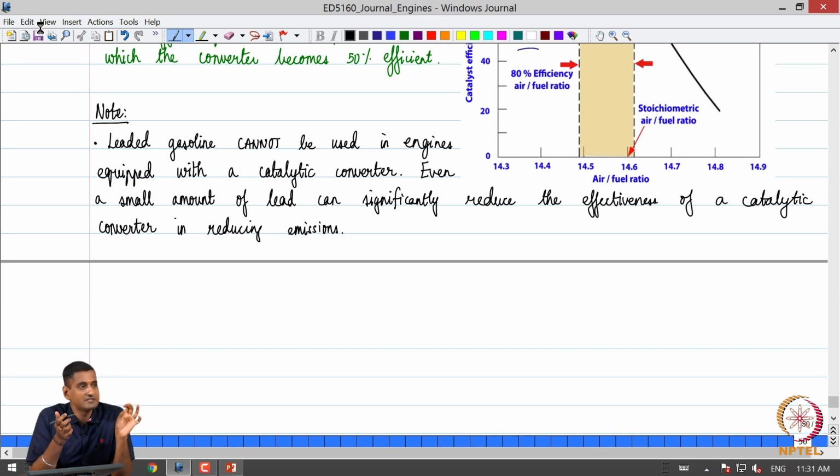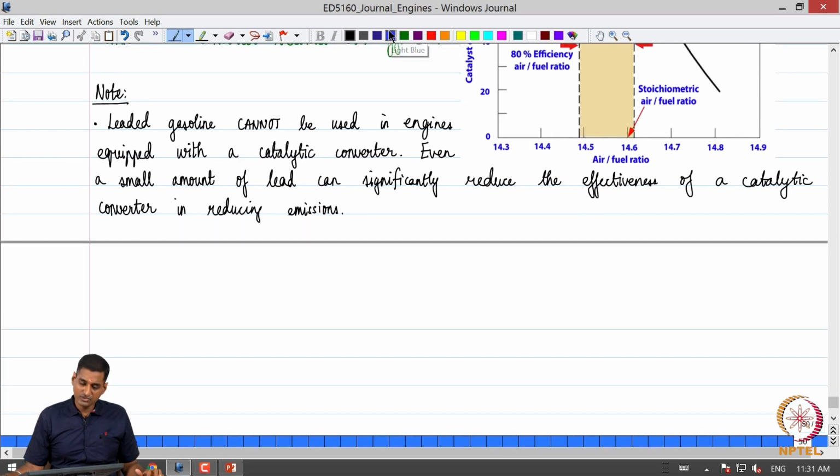It can essentially remain in the form of carbon, which then joins together and forms these particulates, the soot particles. So, if one wants to remove them, the solution is to use what are called particulate traps.